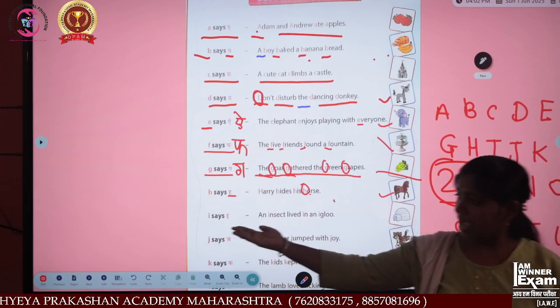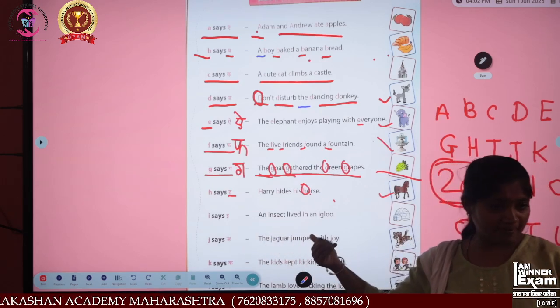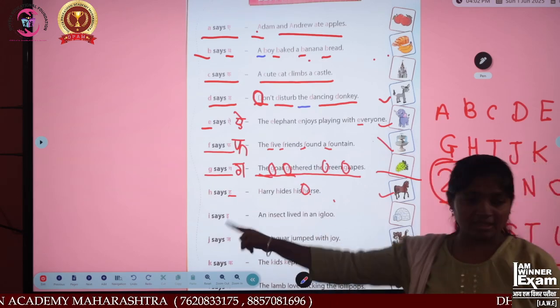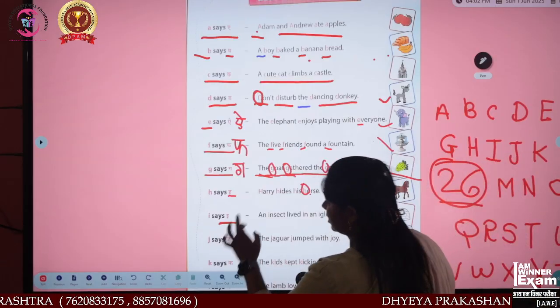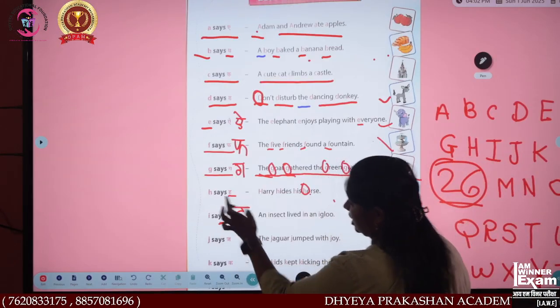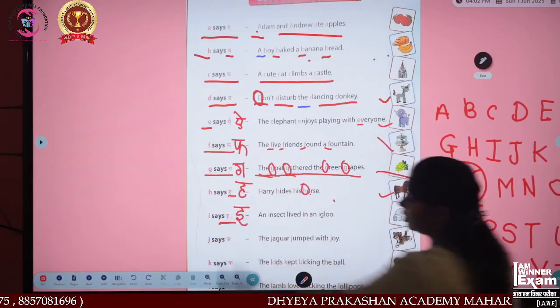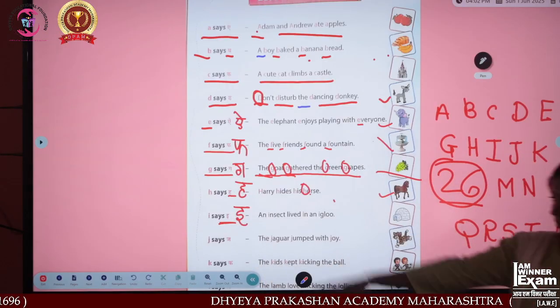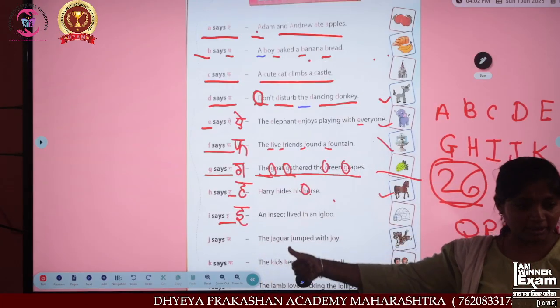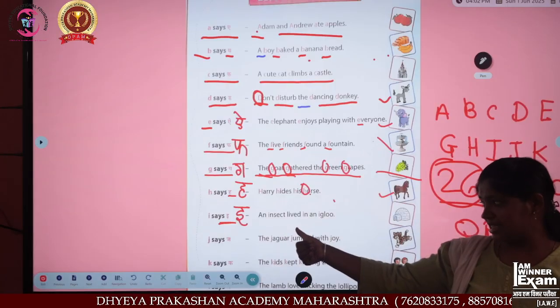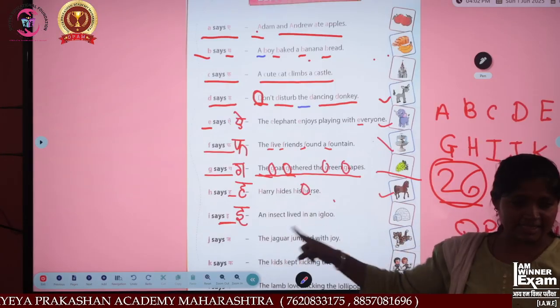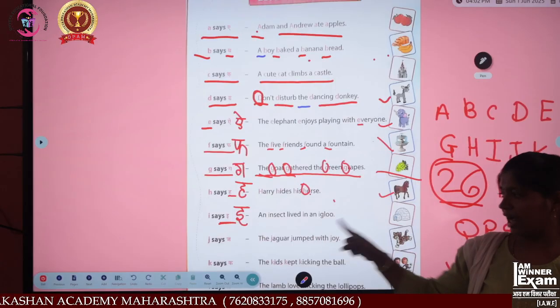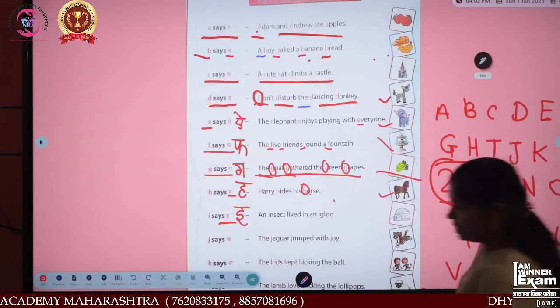Next one is I says E. An insect lives in an igloo. Where is I?